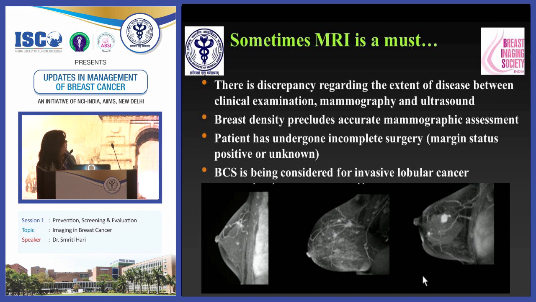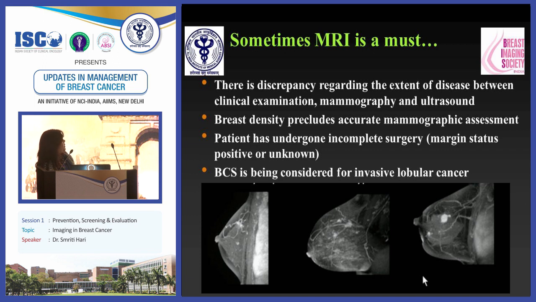They specify that if there is a discrepancy between the clinical examination, mammography, and ultrasound regarding the extent of disease, MRI should be performed. If the breast is too dense and the mammographic assessment cannot be made, if the patient underwent an incomplete surgery outside and the margin status is positive or unknown, MRI remains the choicest modality.